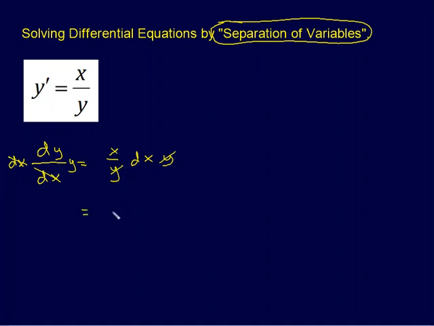The right side now has x multiplied by dx, and the left side now has y multiplying by dy. And at this stage right here, we say that the variables are separated. That's a very important first stage, is to have all the y's and dy's separated from all the x's and dx's.